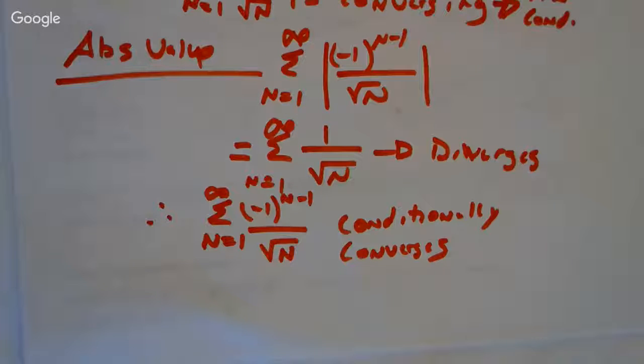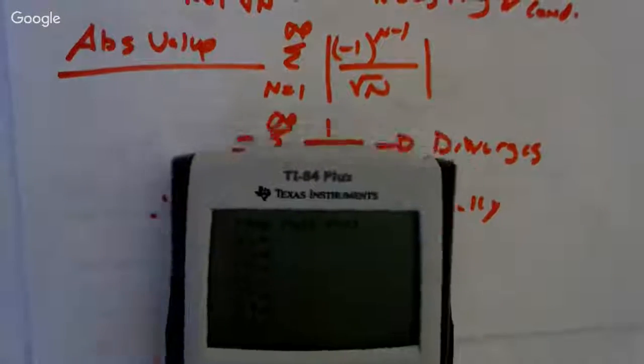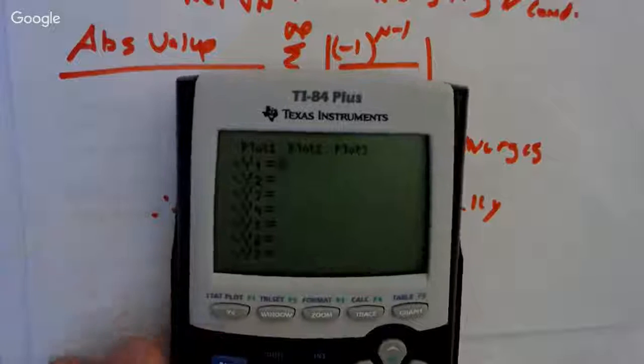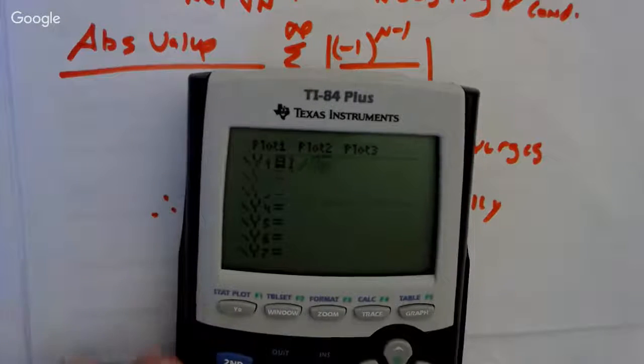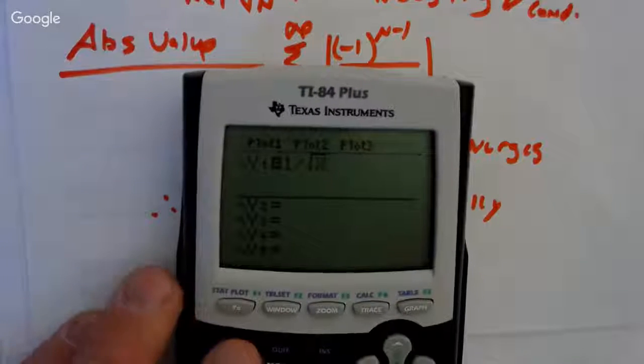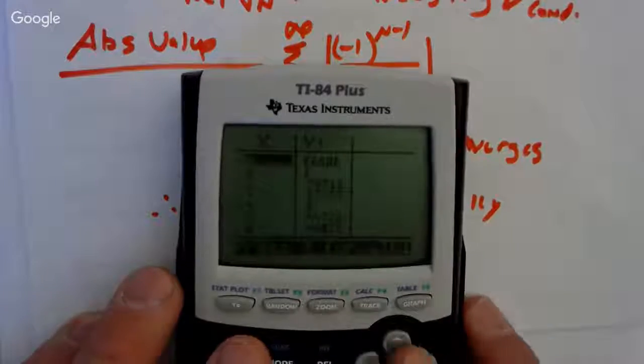So how do you know the terms are going to 0? Let's take a look at the terms of the original sequence. Hold on a sec. Can I use my calculator to help me with this? Okay, so let's take a look at 1 over the square root of x.